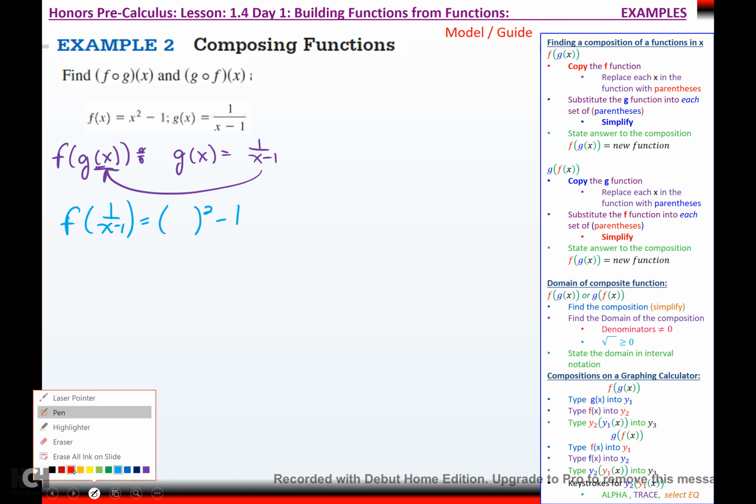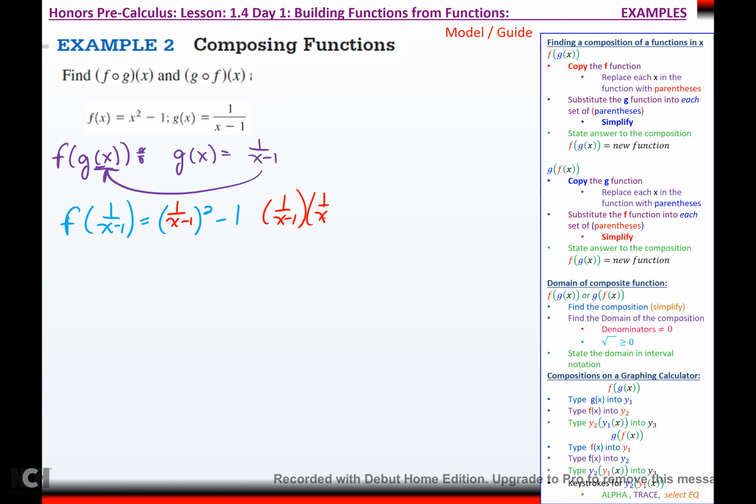And I brought 1 over x minus 1. So if I square that, 1 over x minus 1 times 1 over x minus 1, minus 1, that turns into 1 on top, x minus 1 squared on bottom, minus 1. And I would just leave it like that.